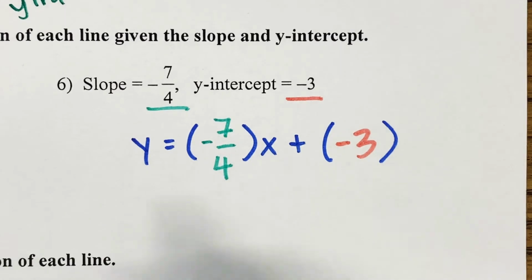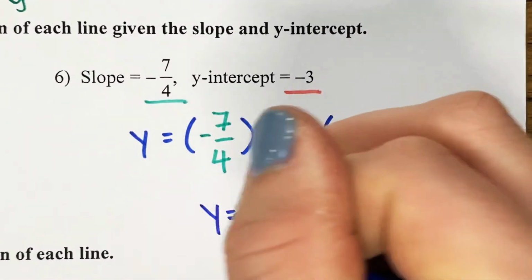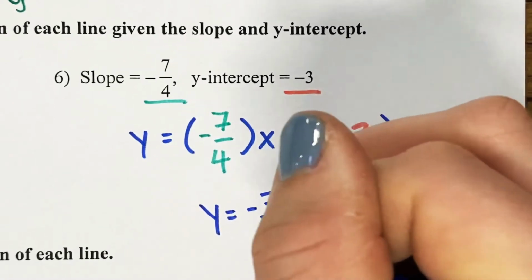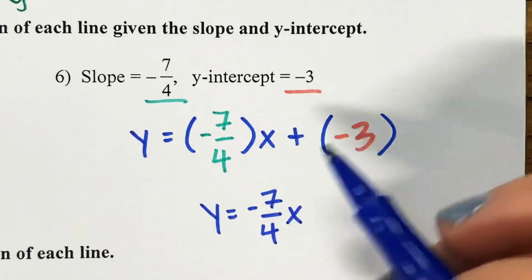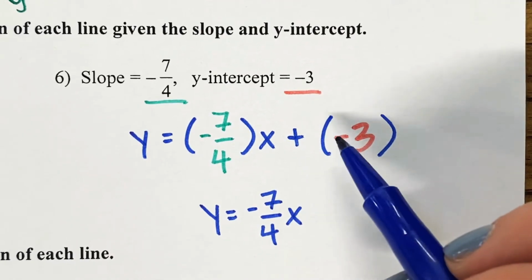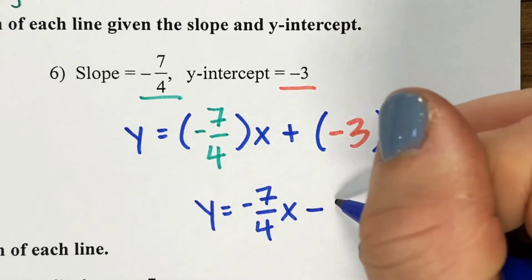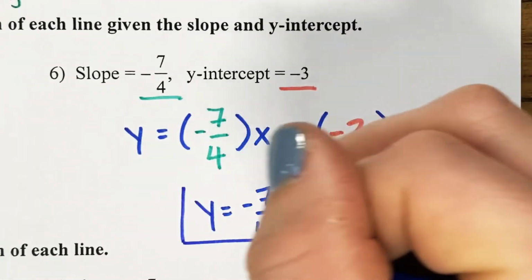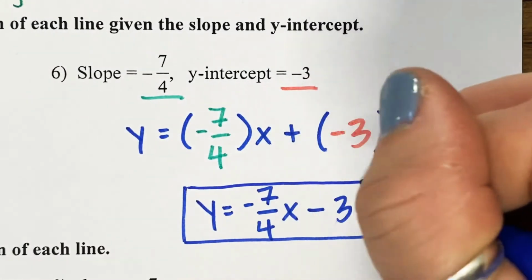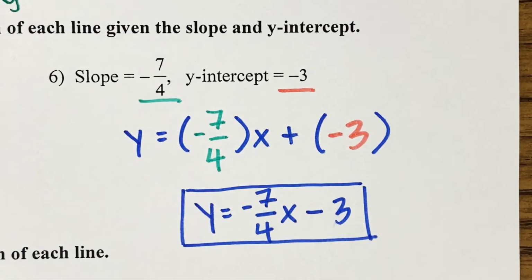Okay, well, if we wanted to rewrite this to make it look pretty, we would rewrite it as y equals -7/4x. And since there are two signs that are different here, a plus and then a minus, it actually turns into the -3. And there is our linear equation in slope-intercept form.